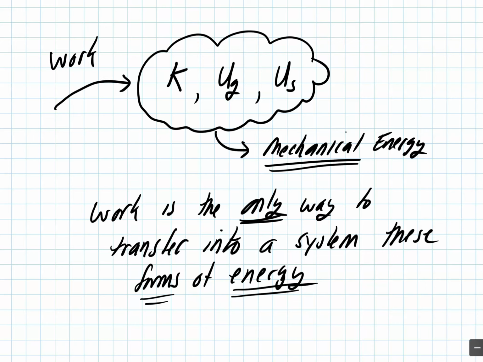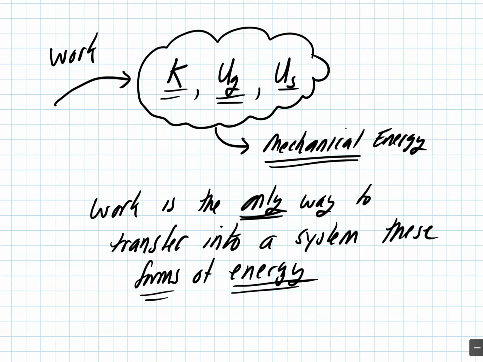So if you want to give your system energy in the form of kinetic energy or gravitational potential energy or spring energy, you or somebody you know is going to have to do work. And that would be work coming in. And if your system has any of these forms of energy, then that means it can also do work on something else, and that could be work out.